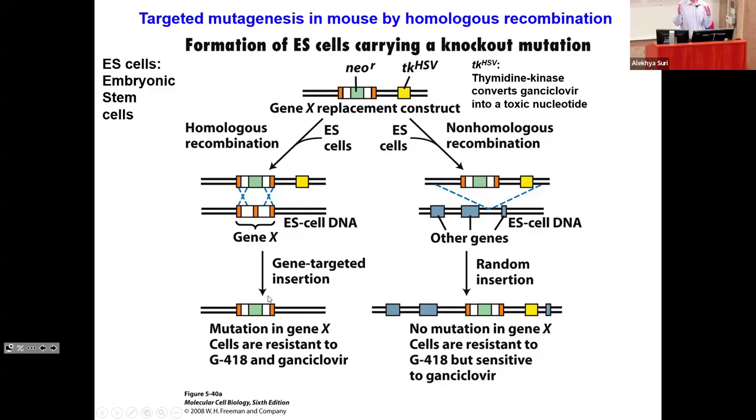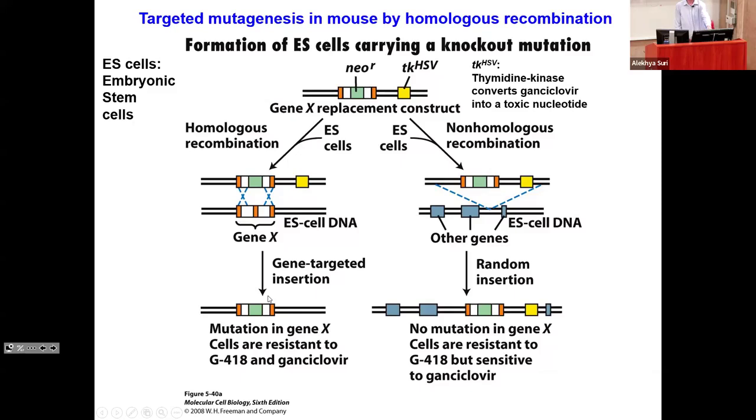To distinguish between the intended location and other locations, you use two marker genes. One is the neomycin resistance gene, the same principle as the kanamycin resistance I mentioned before, replacing the gene of interest.